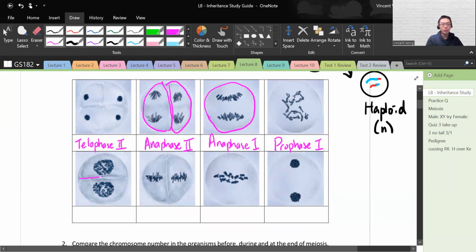Over here, 2 cells, and that would be the telophase 1. Right? That's just when the cells have finished doing their cytokinesis.